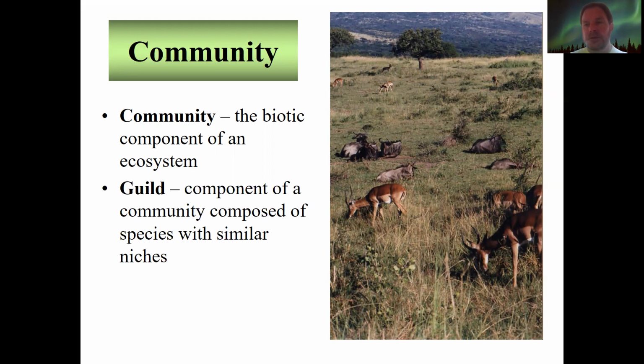You can look at communities in different ways. You can talk about the bird community, just birds, the tree community. You can also look at what are called guilds. Guilds are groups of different species that have similar niches. Remember that a niche is the role of an organism in a community.